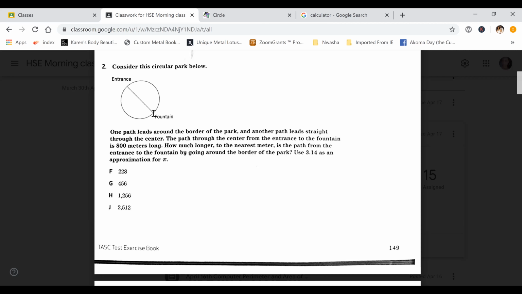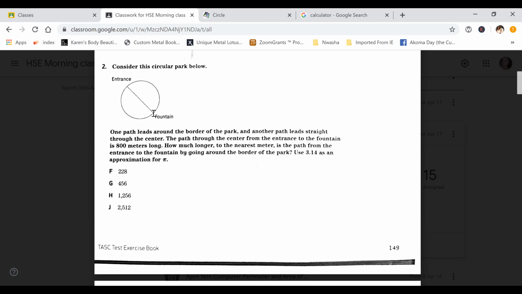Because when you're doing a test, you are moving quickly and you do want to predict where your answer is going to go because of situations like this, where when you start, there's the 2,512, right? When you take half of that, that's the 1256. And then when you do the subtraction, it's the 456. So because 3 of the answers are in the multiple choice, something like that can be confusing if you're not predicting the end result.